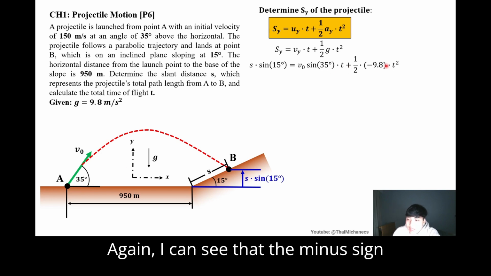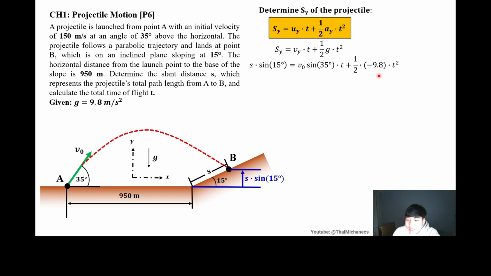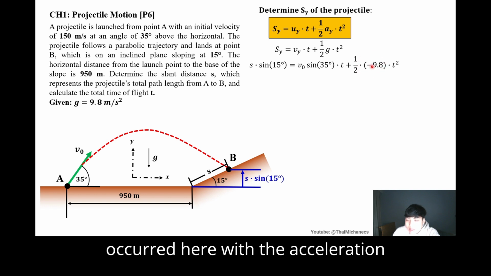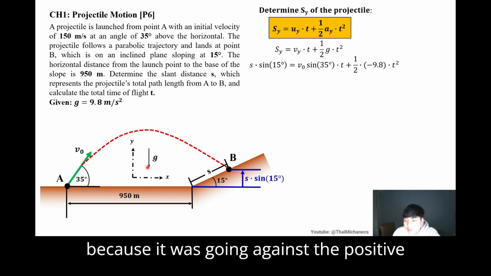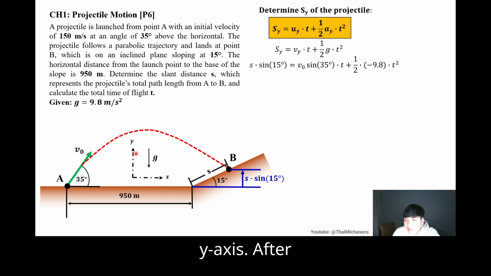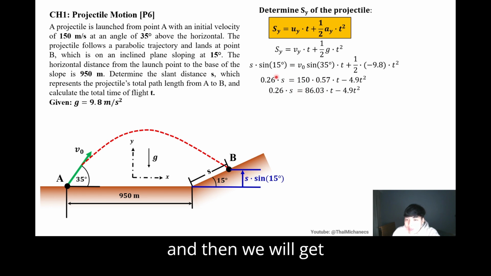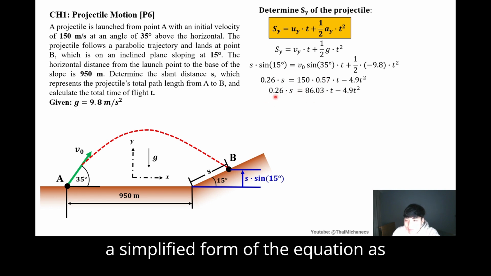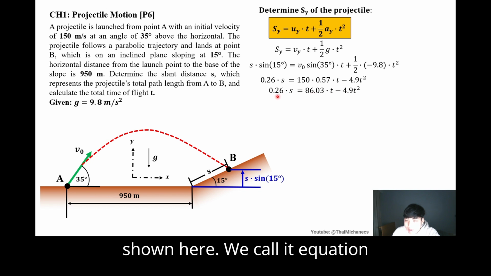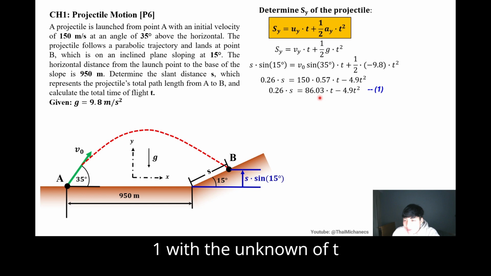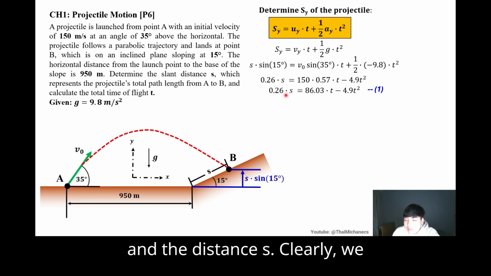Again, you can see that the minus sign occurs here with the acceleration because it was going against the positive y-axis. After some mathematical arrangement, we get a simplified form of the equation as shown here. We call it equation 1, with the unknowns t and s.